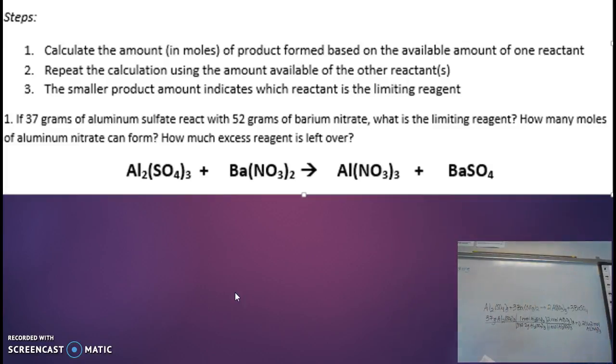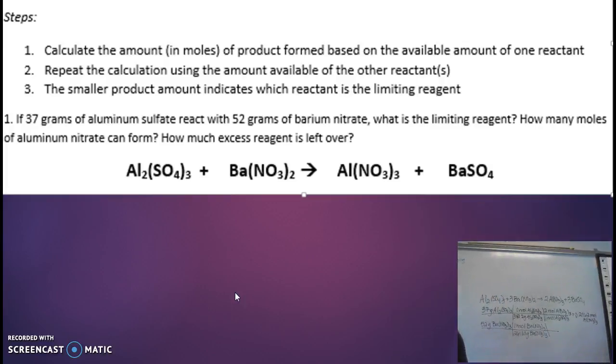Okay, so aluminum nitrate. We're going to do the same process for the other reactant. So we have 52 grams of Ba(NO3)2, which is barium nitrate. Same thing, we need the molar mass to go here so we can get to moles, so 261.33. Now that's the number of grams that are in a mole by definition for the molar mass. Okay. Now, we need to convert from one product, or from one thing to the other.